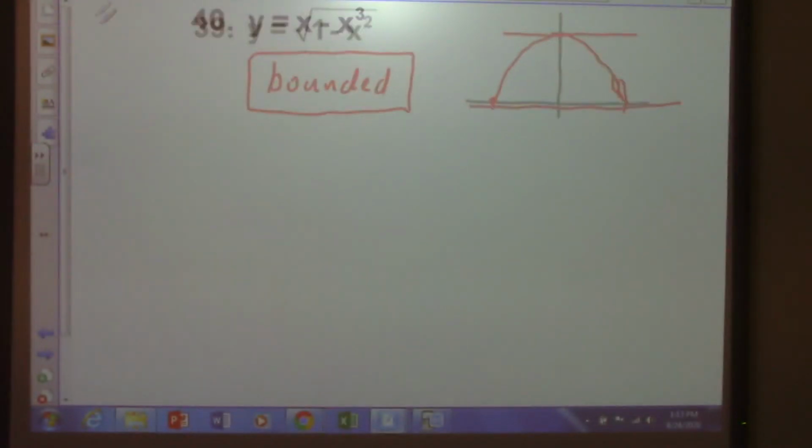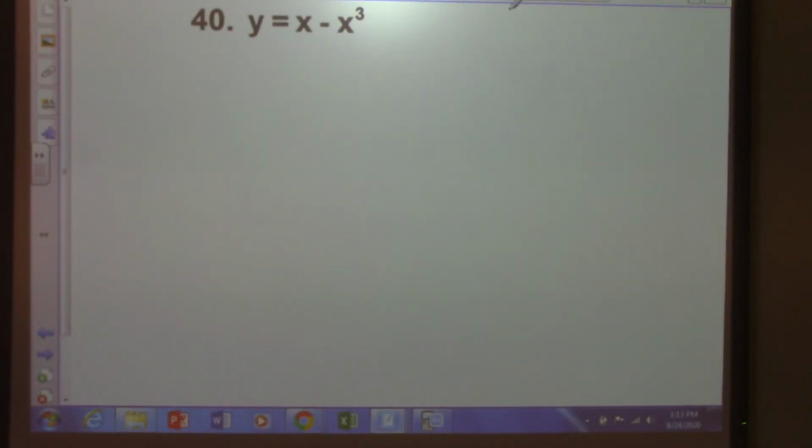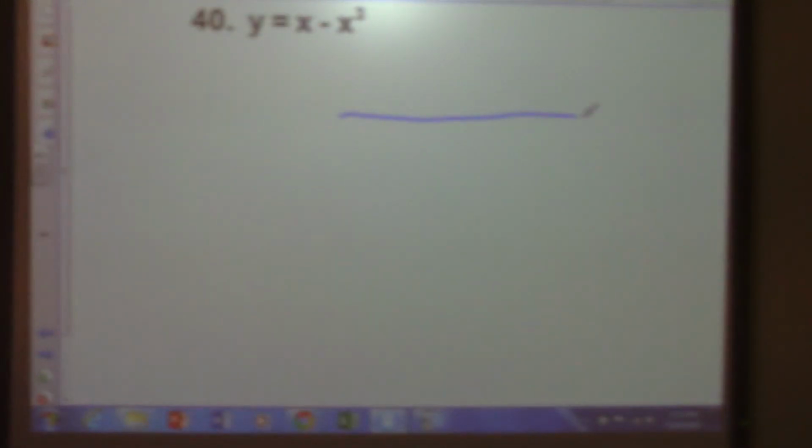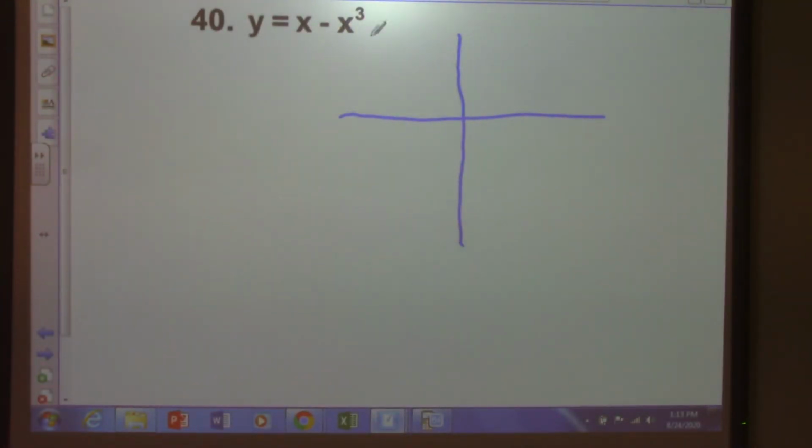Okay, next. This one right here. Bounded both ways. What you're going to get for this one is x times the quantity 1 minus x squared, which is equal to x times 1 minus x times 1 plus x.